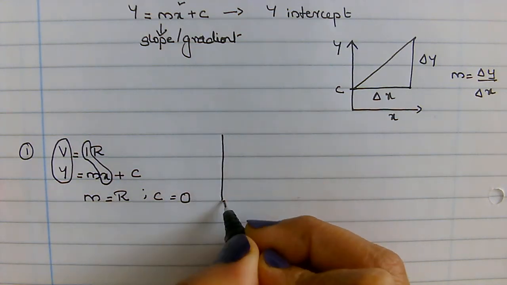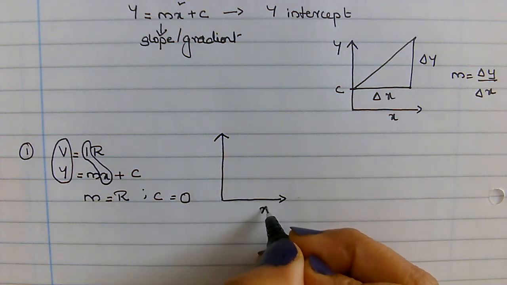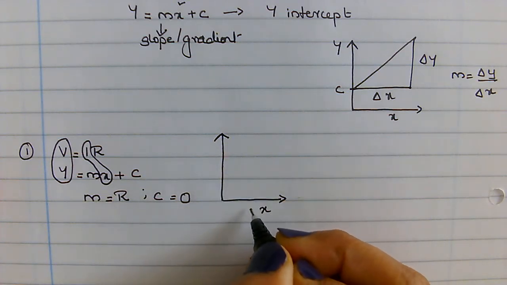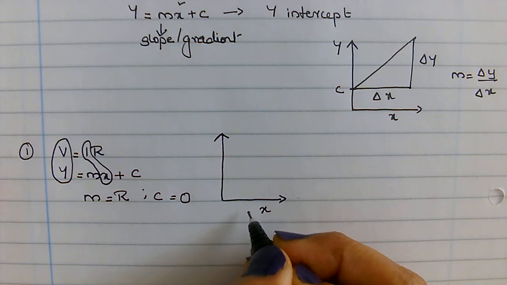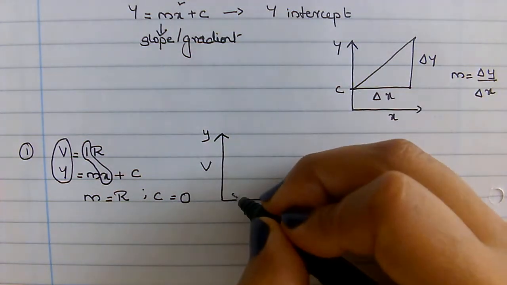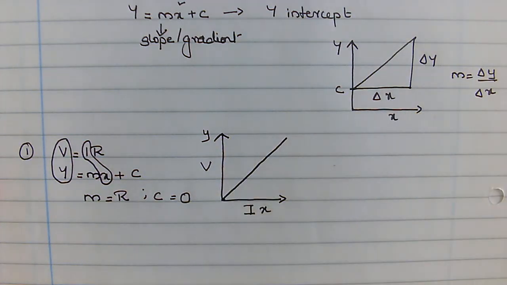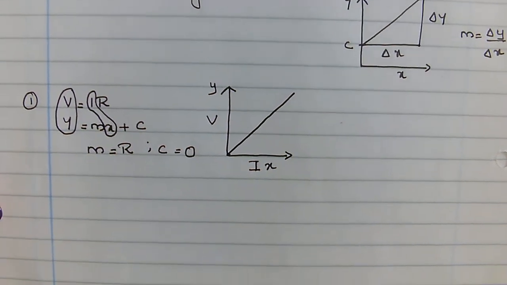So your graph should not have a y-intercept. Along the x-axis we have I, and along the y-axis we have V. So since it doesn't have a y-intercept, you will get a graph like this.